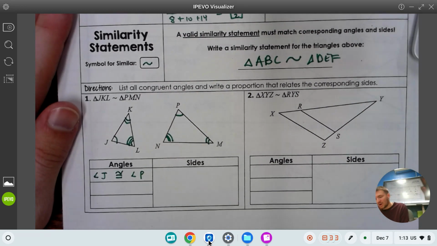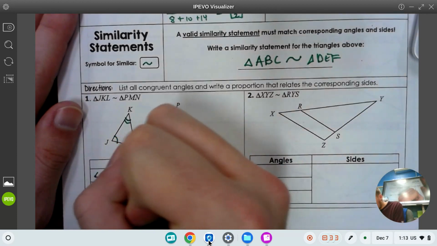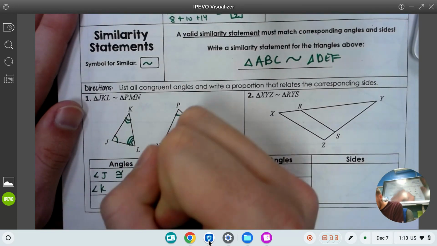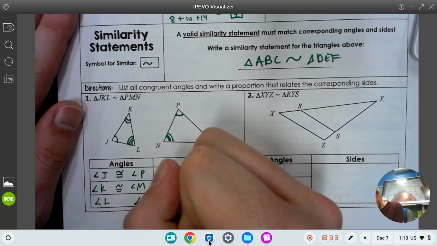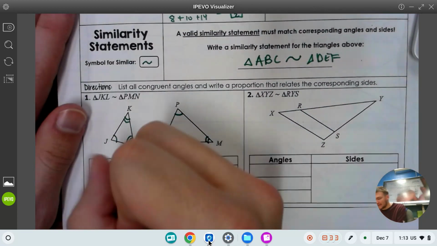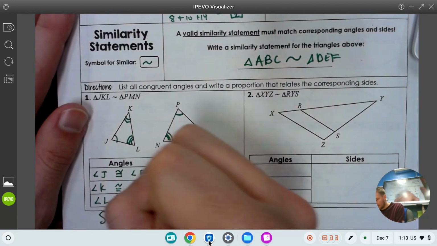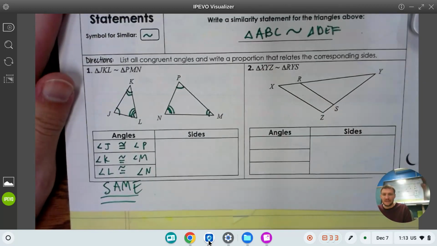Your angles are congruent. Then if we look at K and M, those are congruent. If we look at L and N, those are congruent. The angles have to be the same. I just wrote same underneath there to be close.